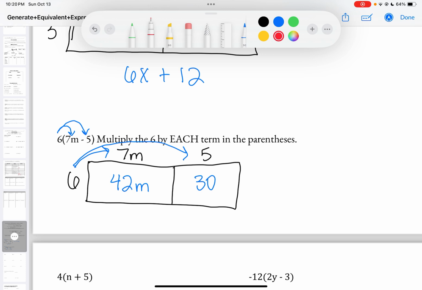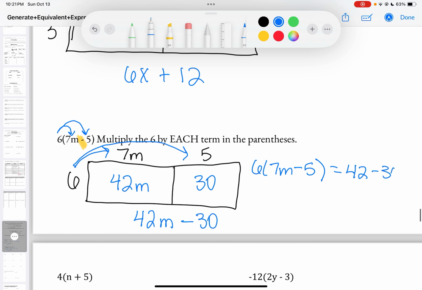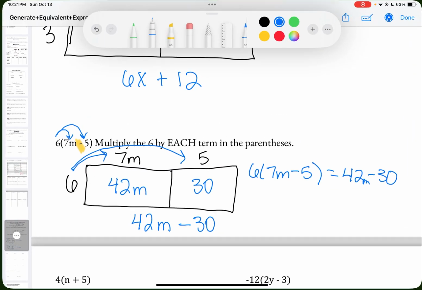And now since we have a subtraction symbol this time, instead of adding them together, I'm going to rewrite it as 42m minus 30. So 6 times 7m minus 5 is the same thing as 42m minus 30. It was just simplified. 42m minus 30, sorry. Oh my goodness, okay.